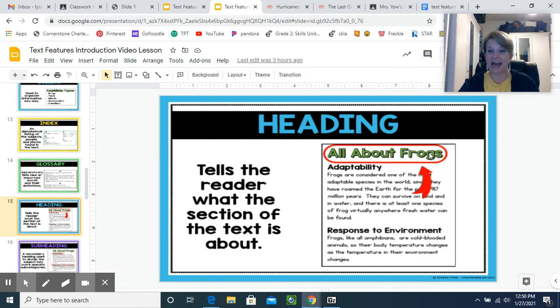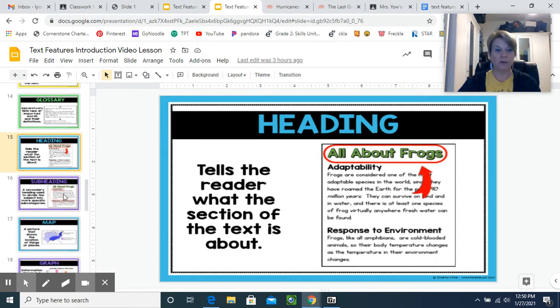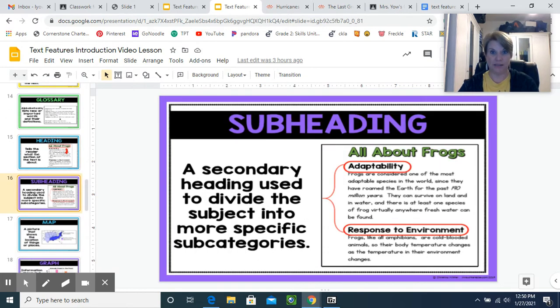And you'll see that it's kind of like a little title for the section that you're in. Now, notice how adaptability and response to environment, those are two new sections underneath All About Frogs. Those are what we call subheadings. A subheading is a secondary heading used to divide the subject into more specific subcategories.